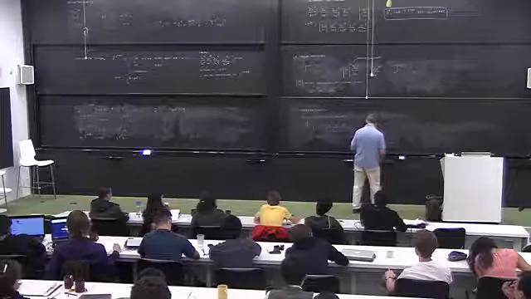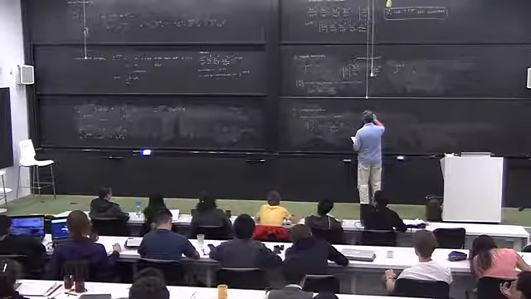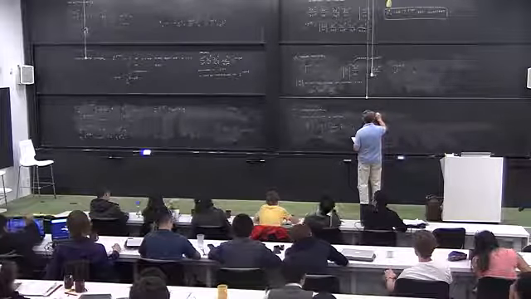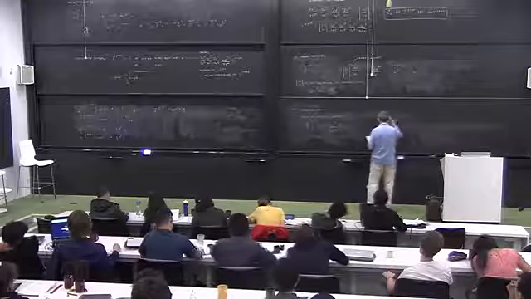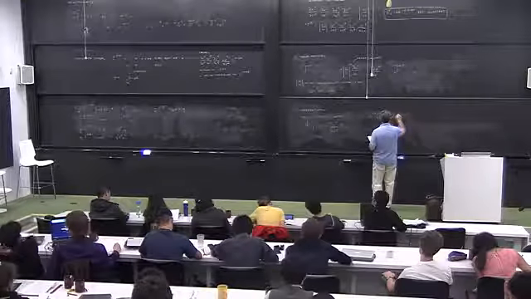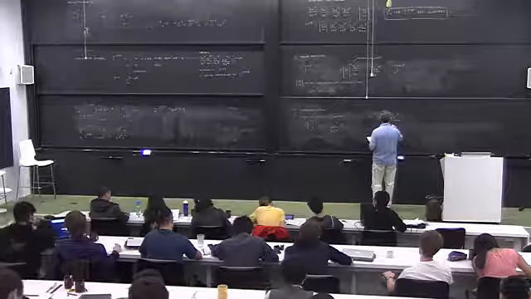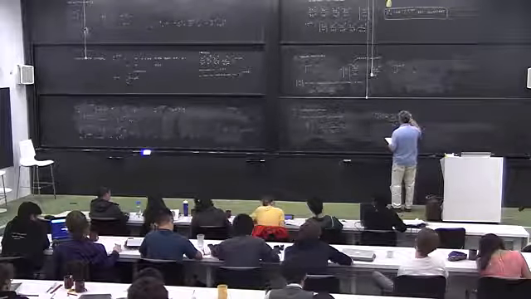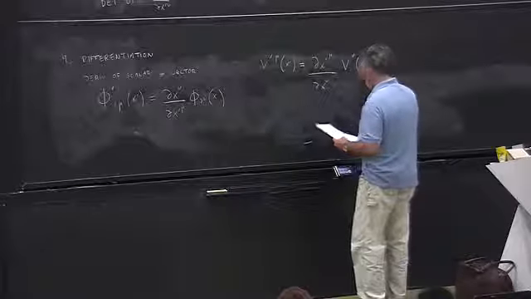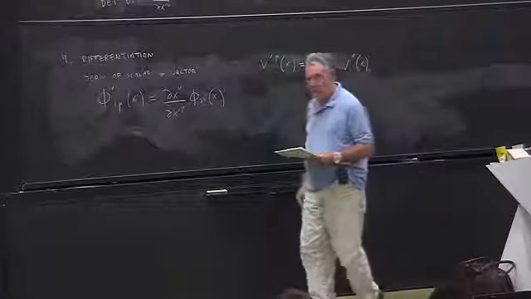Why not? Well, let's take v prime mu of x prime is dx prime mu over dx nu, v nu of x. That's how a tensor transforms.